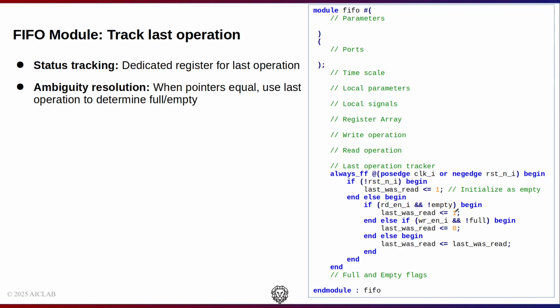It means the last operation was read. If the last operation was write and the FIFO was not full, last was read is set to 0. It means that the last operation was write. Otherwise, the last operation preserves its previous value.